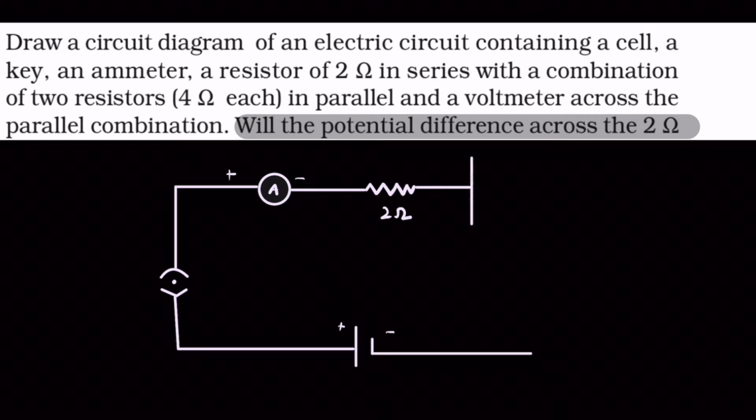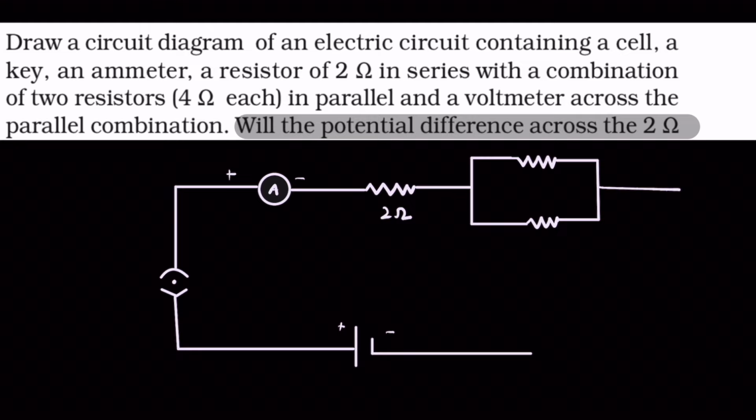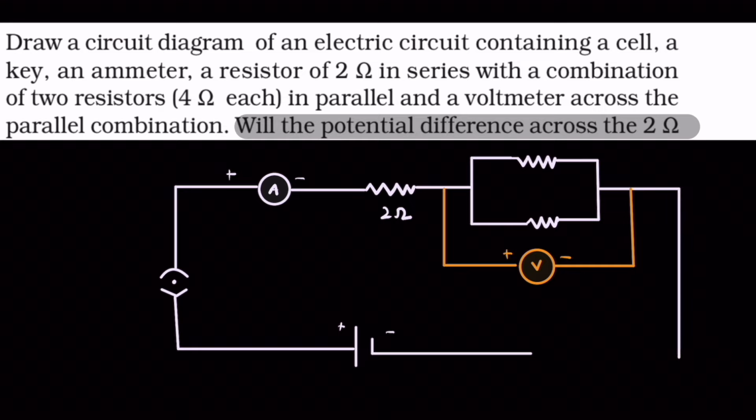So we can draw the parallel resistors and a voltmeter across the parallel combination. So here we place a voltmeter and now we will connect the circuit.